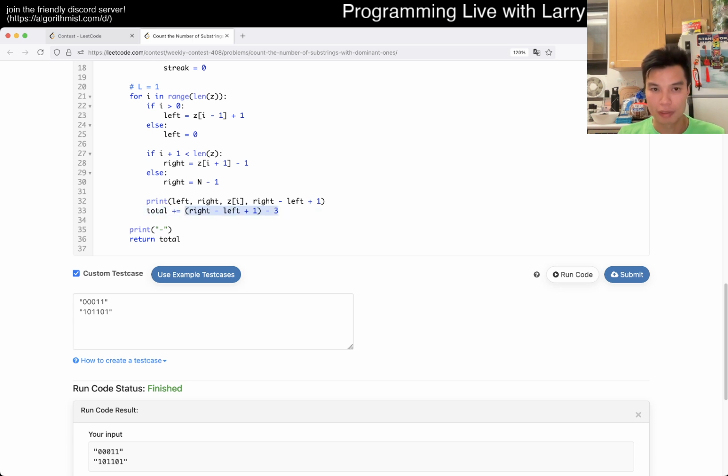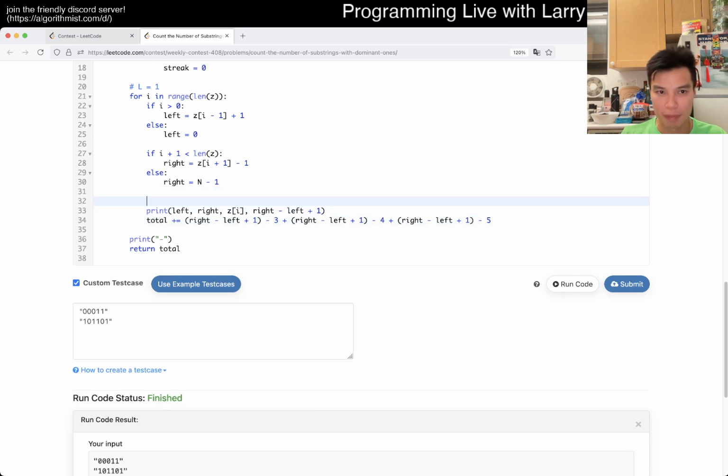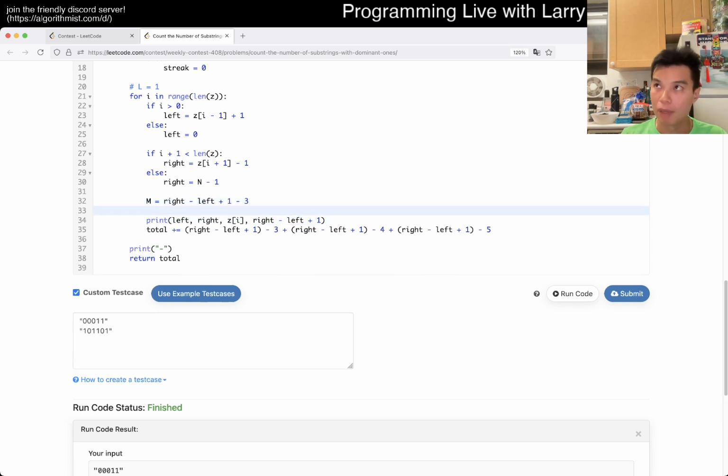Okay, so it's this plus this plus this dot dot dot, so okay, so then you have m is equal to this. So then now you have m minus 1, m minus 2, m minus 3 all the way to 0.